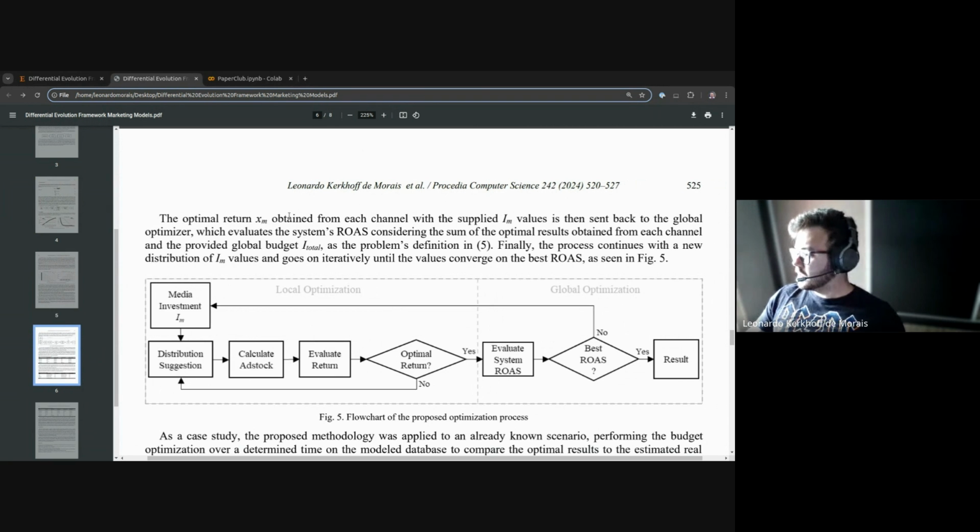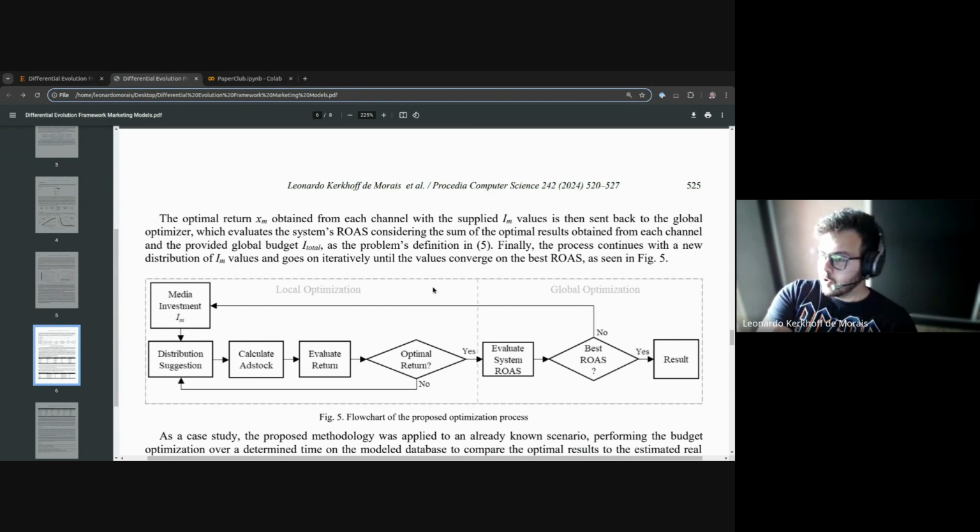This is the first step of the algorithm, the global optimization. But not only that, once you have a designated value for each of these media, you have to determine how you will distribute this value over time, because of the effects of the Adstock that I mentioned earlier. So you basically have to chain another algorithm to do this allocation.